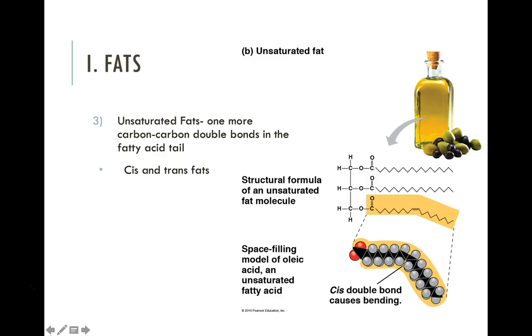And the problem with trans fats is that your body doesn't know how to deal with them. And so it can cause a lot of health problems because they don't occur naturally and the body doesn't have a way to efficiently break them down. It's often recommended that people eat a diet that is high in unsaturated fats in order to reduce those problems that you get from eating a diet high in saturated.